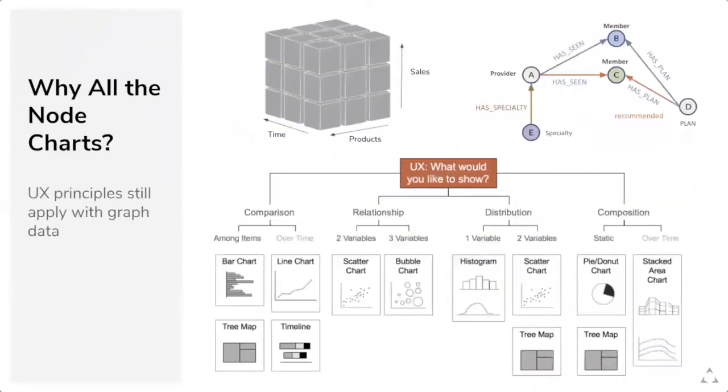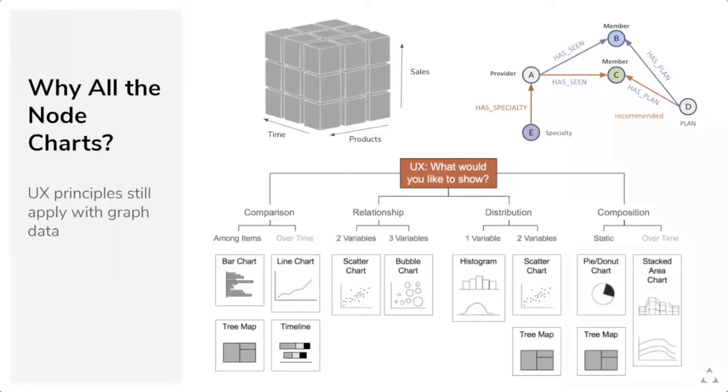So let's talk real quickly about what we end up building oftentimes in our graph projects. If you look here on the left-hand side, you've got a typical cube that you might see in a normal BI or data warehousing project or a SQL database, but we're not always showing tables and cubes, right?